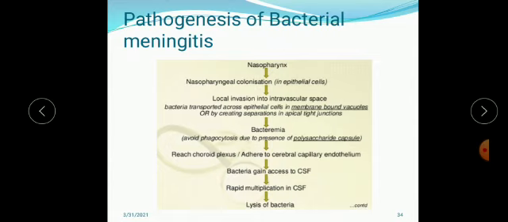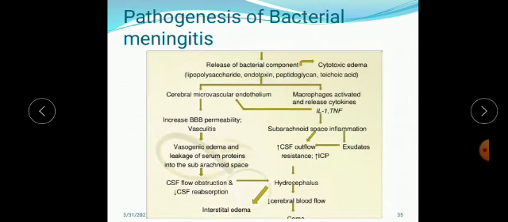They reach the choroid plexus, or they can adhere to the cerebral capillary endothelium, and after that they gain access to the CSF, where they rapidly multiply, and there will be lysis of bacteria.